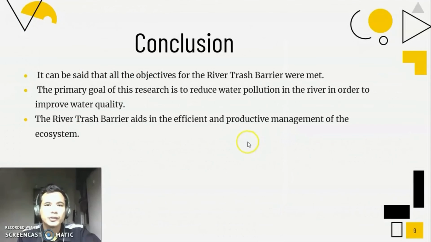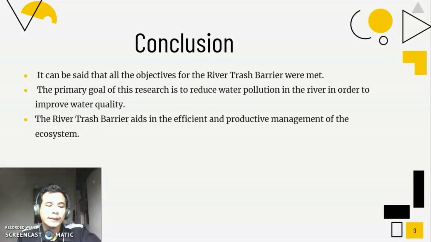For the conclusion of our project, it can be said that all the objectives for the river trash barrier were met. The objectives were achieved through numerous problems and issues that arose from analysis. All the problems were accounted for and dealt with according to the specific methodology. The primary goal of the research is to reduce water pollution in the river in order to improve water quality.